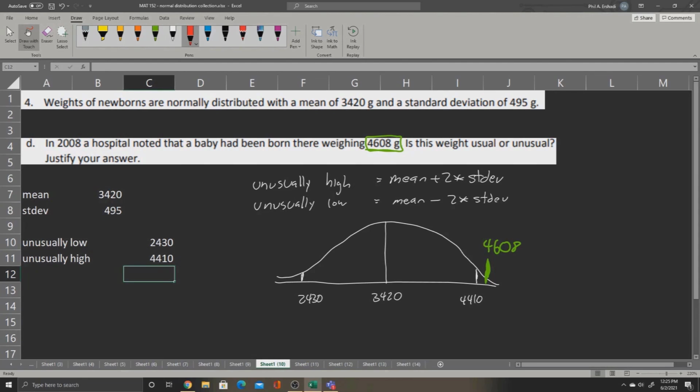Now, anything in the middle between these two numbers is usual. On the right, you have unusually high numbers, and on the left you have unusually low numbers. Now, we can tell our green mark is in the unusually high region, so we can say that baby was unusually high in weight.